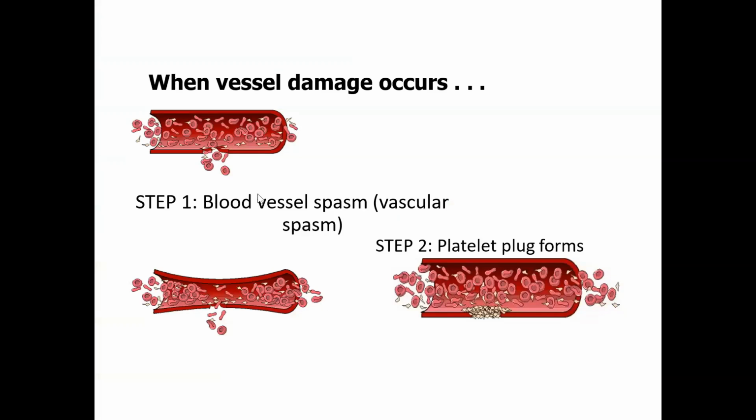So class, when a vessel is damaged, the blood vessel will spasm, or the vessel will constrict. That's why it is called vascular spasm. So why does it constrict? To speed up the blood flow.